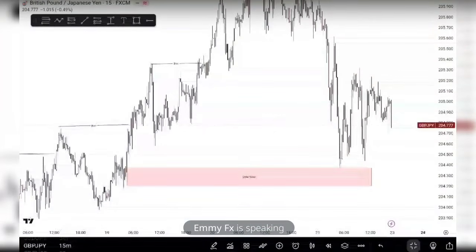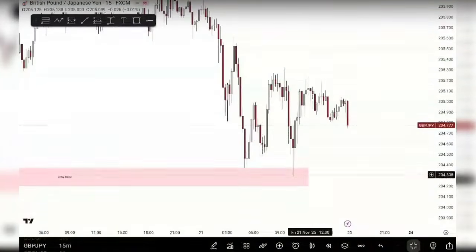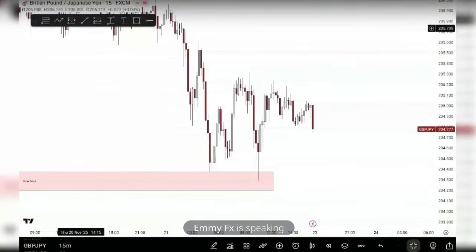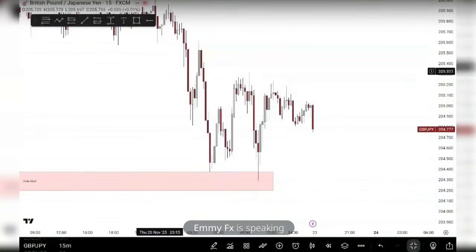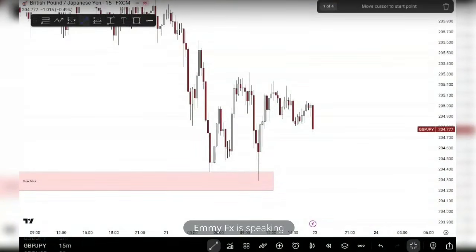At this point right here, price gave us the last break of structure.